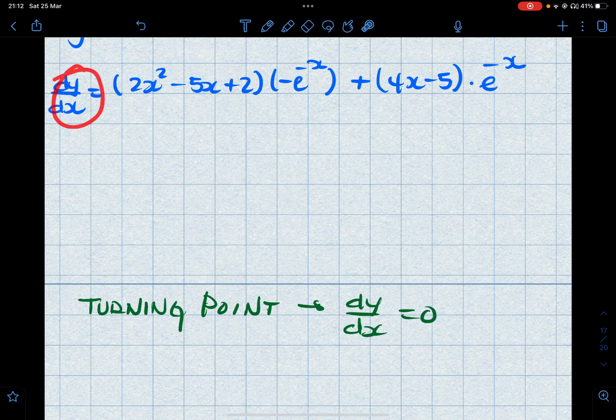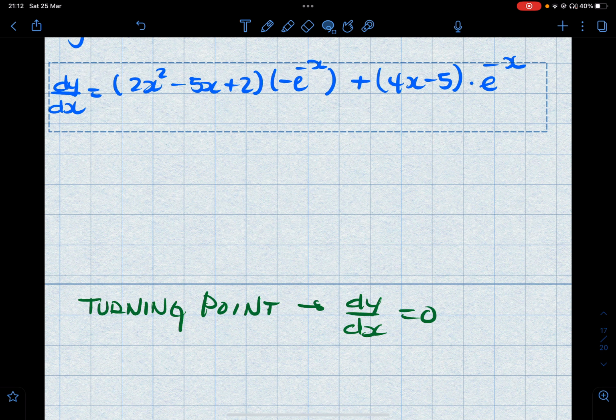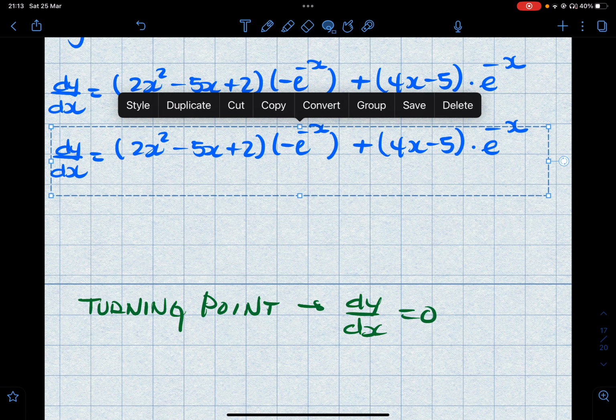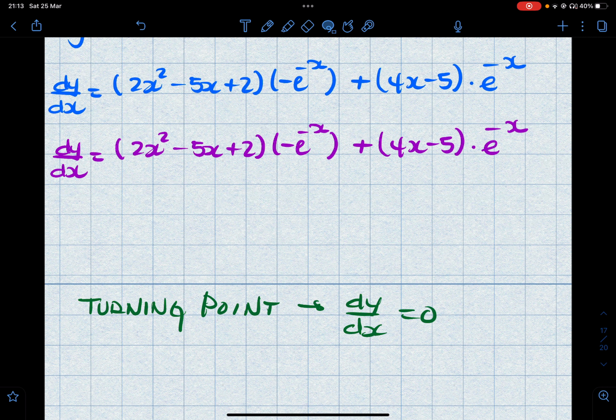So that's dy by dx. You need to make that equal to 0, only at the turning point. All right, so we're going to say that, then we're going to say equals 0. Okay, so that's at the turning point.